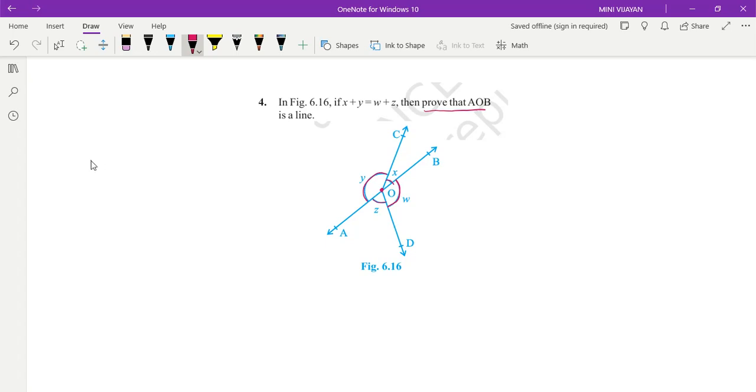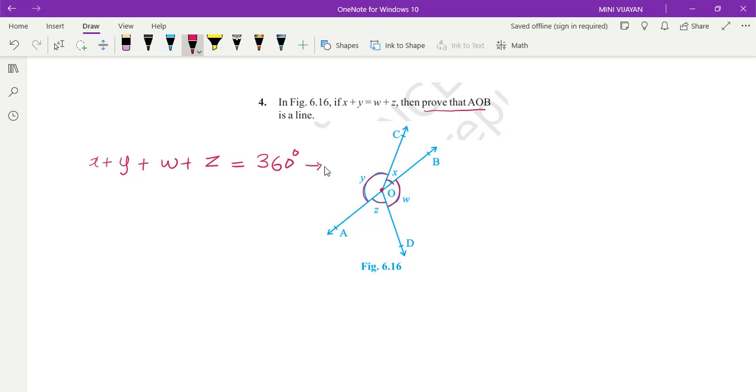That we can write here. So x plus y plus w plus z is equal to 360. What is the reason? This is angle around a point. That property we can apply here.